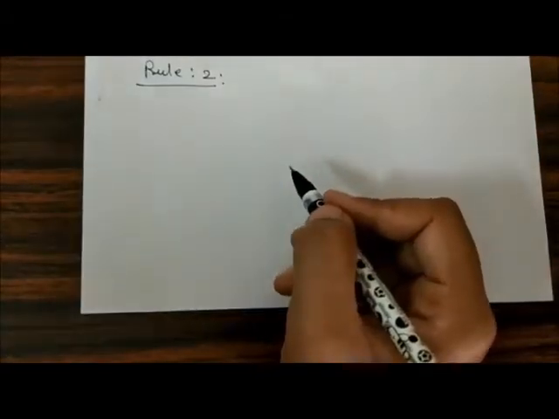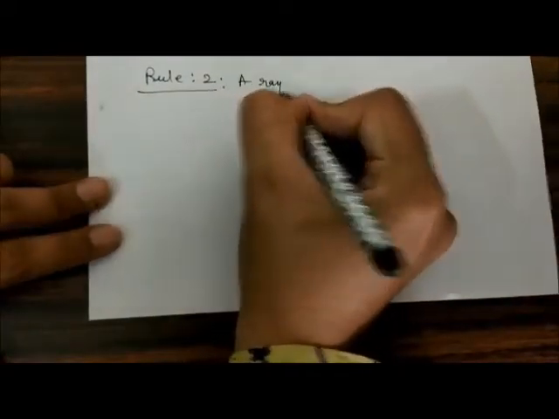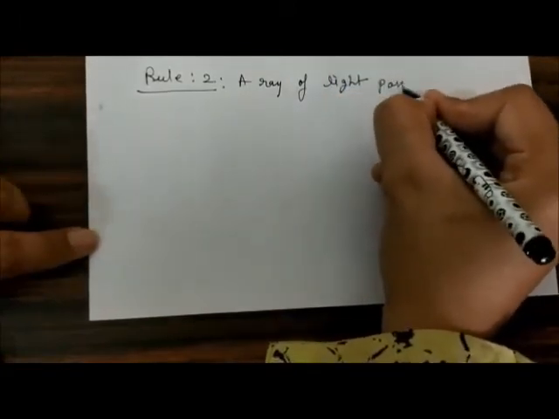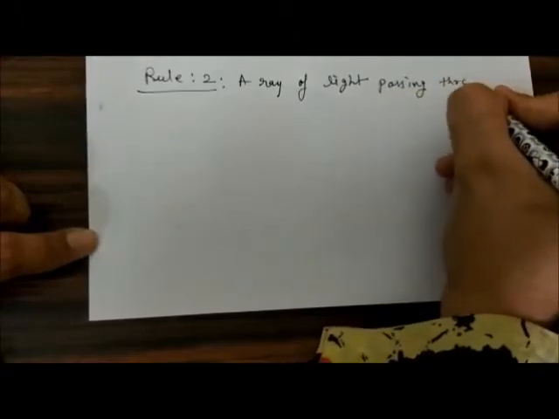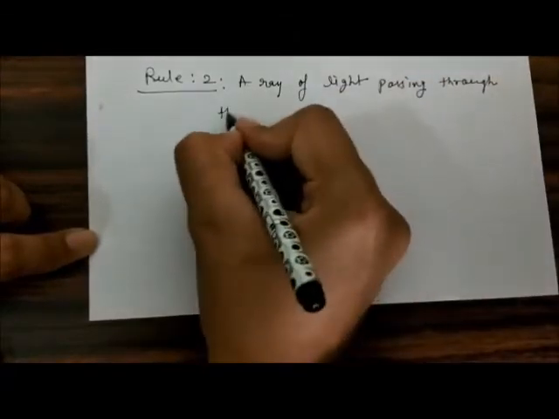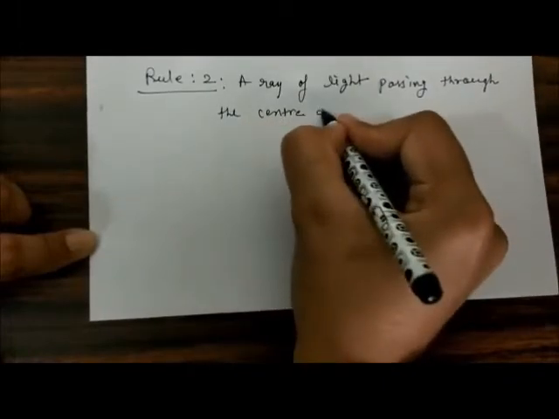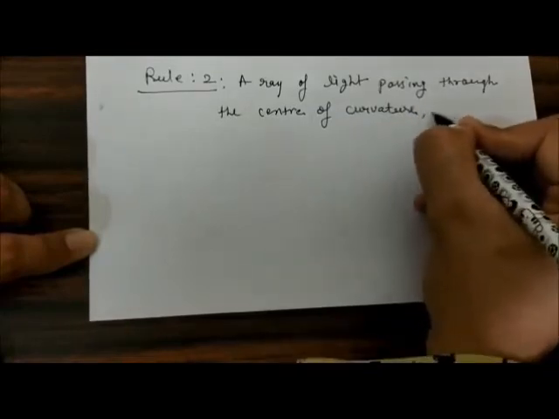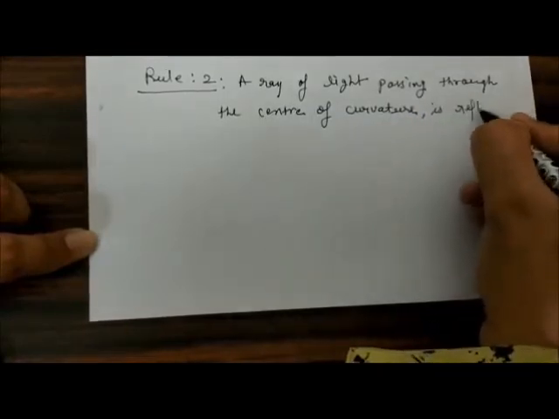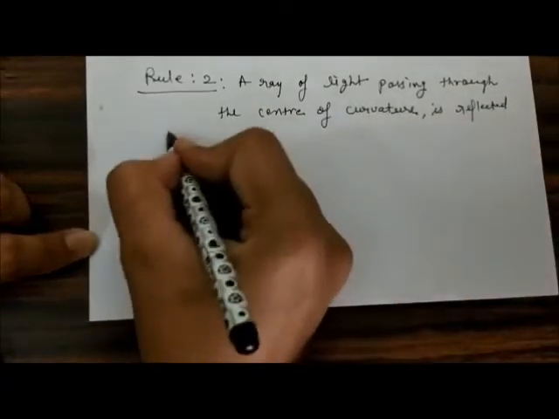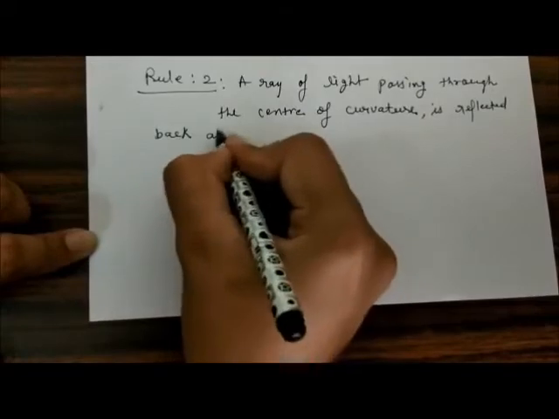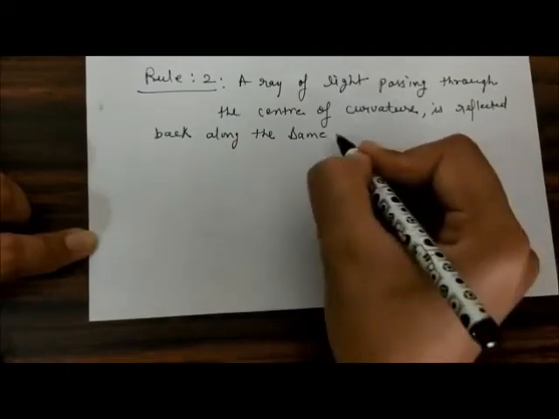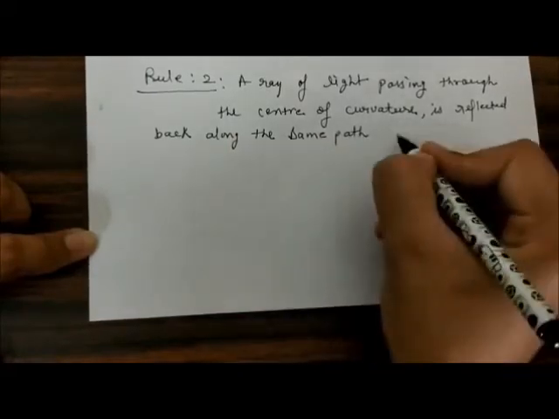Rule number 2: a ray of light passing through the center of curvature is reflected back along the same path.